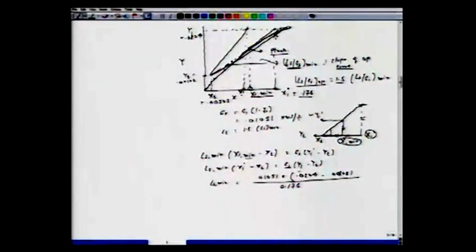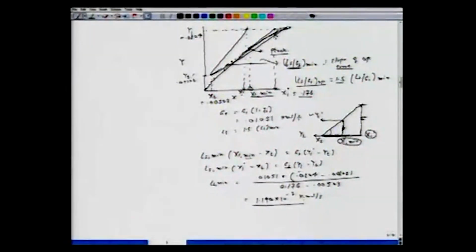We are trying to find out the height of this segment divided by the entire segment, which will give the same result for the slope if you go by this or by this. So it's up to your choice. 0.176 minus 0.00503, which is x2. If you calculate, you will get 1.190 times 10 to the power minus 3 kilomole per second. So this is the minimum amount of solvent required for the present conditions.